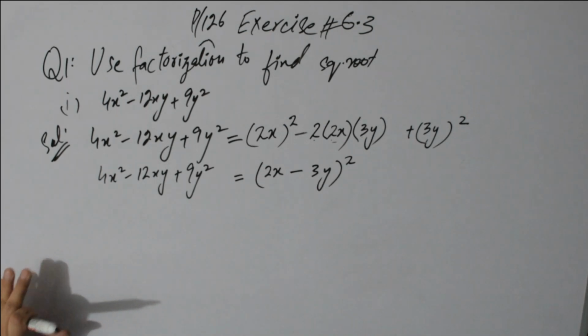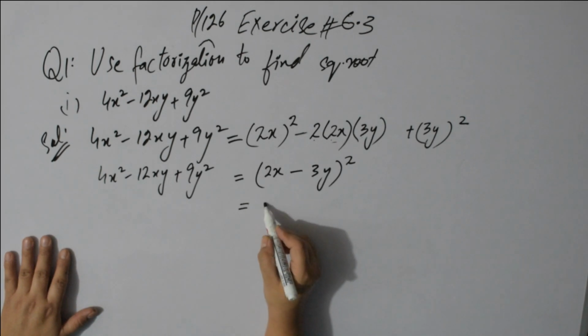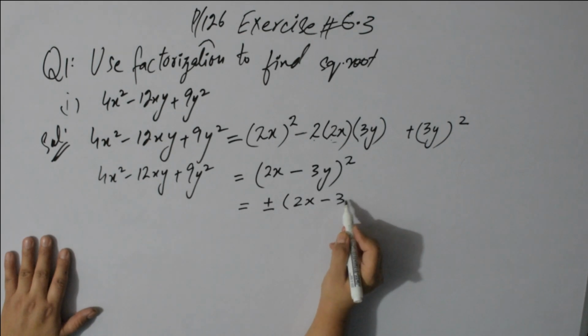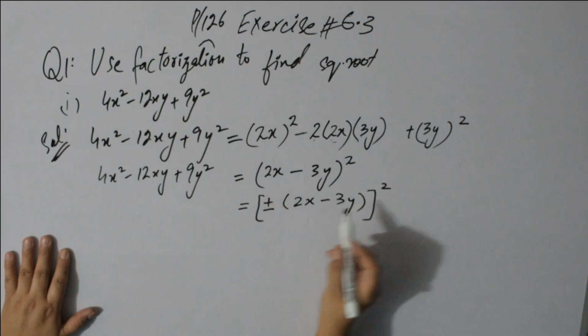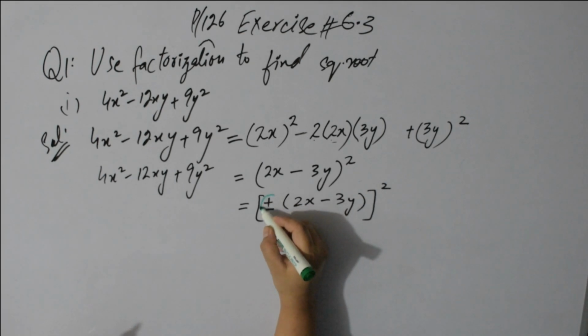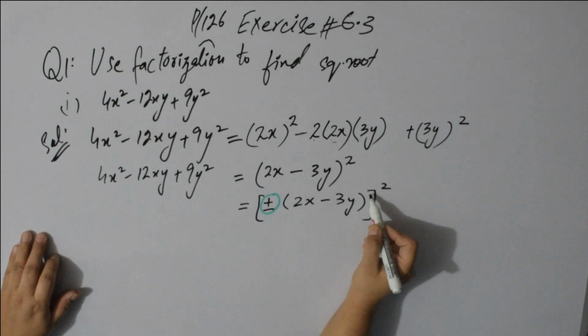So I am doing the same for this square root. I am writing here plus minus 2x minus 3y, and within square I am writing this plus minus. You see which plus minus? This plus minus, in my next step I am writing it within square brackets.